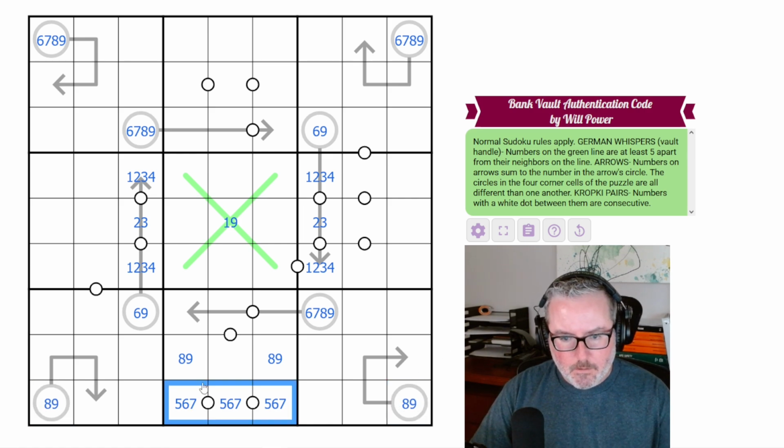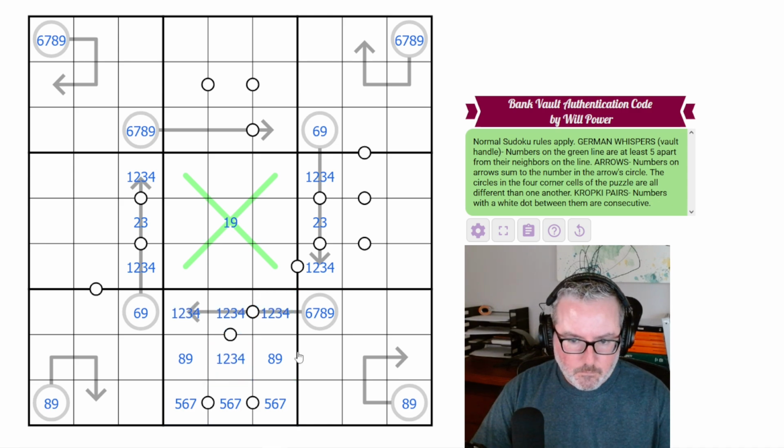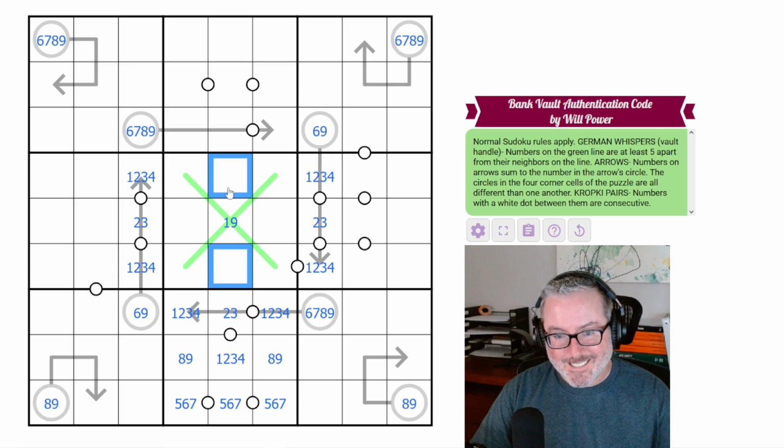Now if we know these are 5, 6, 7, these have to be from 1, 2, 3, and 4. This can't ever be a 1. This can't ever be a 4. So we're having the same type of situation occur like we did elsewhere. But now we do know that this cannot be a 2, 3 pair.